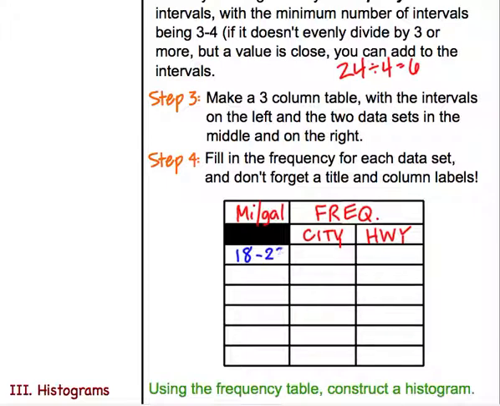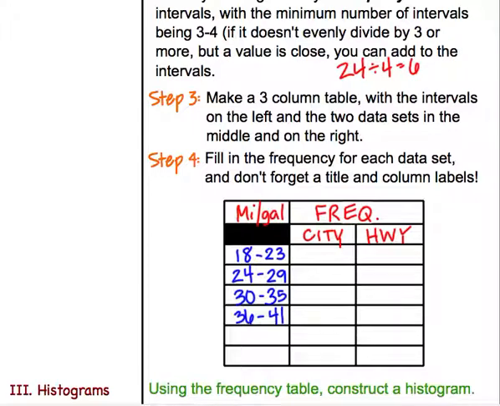So 18 to 23, and then 24 would be my starting point for the next one, and count 6: 24, 25, 26, 27, 28, 29. And then I go with 30, 31, 32, 33, 34, 35, and then 36, 37, 38, 39, 40, 41.